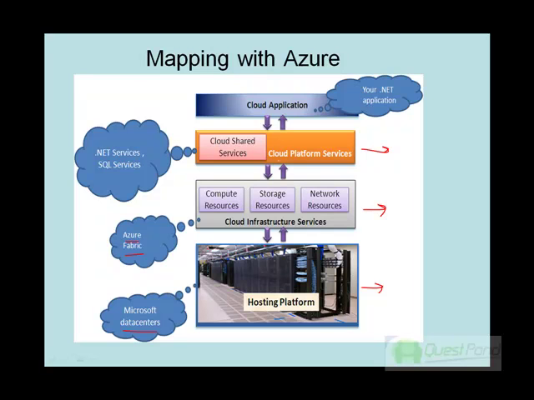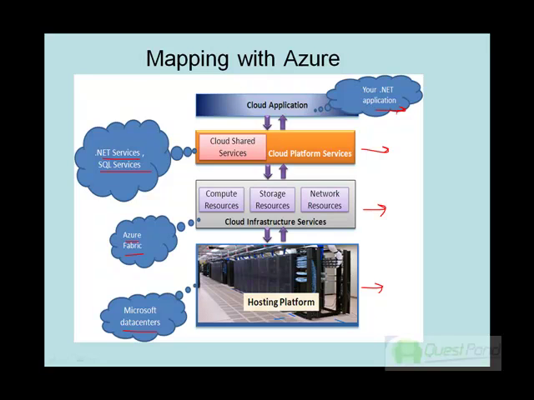So in the cloud platform services, Microsoft has provided .NET services, SQL Server services, SharePoint services, etc. There are various software provided by Microsoft which can be used on a shared, pay-per-use model. And the final layer is your .NET application, which can be a web role or a worker role. We'll come to what a web role, worker role, Fabric, Azure, etc. are. But at this moment, just try to understand how Microsoft Azure components are mapped to cloud computing architecture.